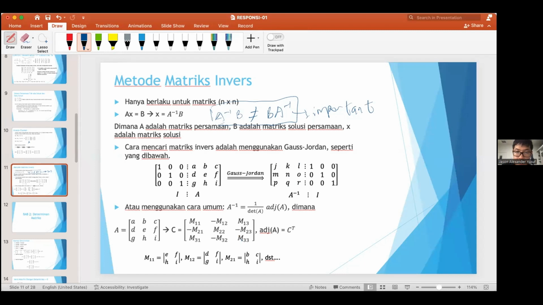Or you can do the difficult way of using this famous formula. However, I would say this is only suitable if you have a 2 times 2 matrix.